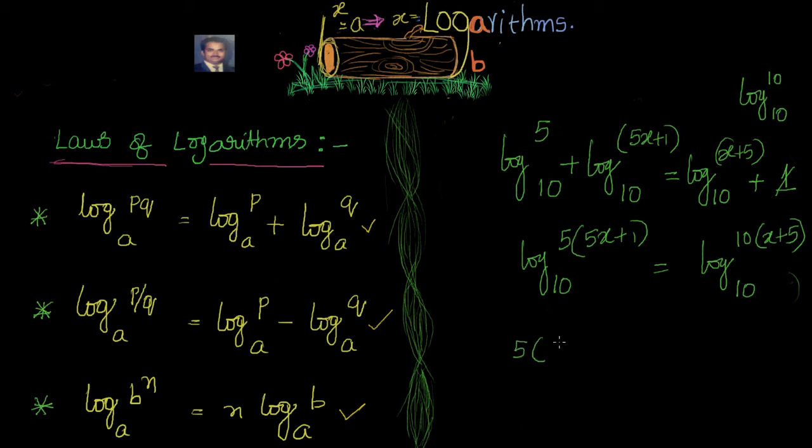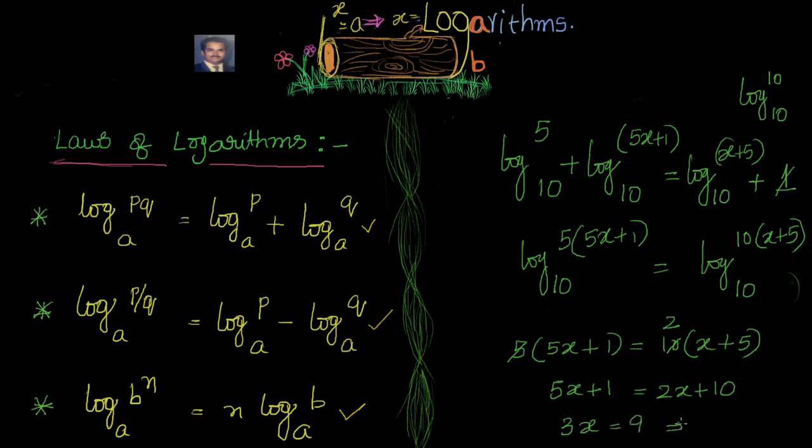So 5 into 5x plus 1 is equal to 10 into x plus 5. 5 two times, simplify it. 5x plus 1 is equal to 2x plus 10. Subtracting 2x on both sides and subtracting 1 on both sides, this becomes 3x equal to 9. That gives me x equal to 3.